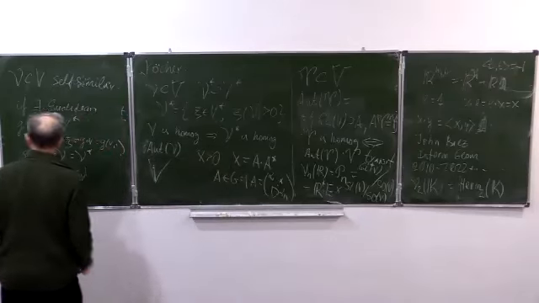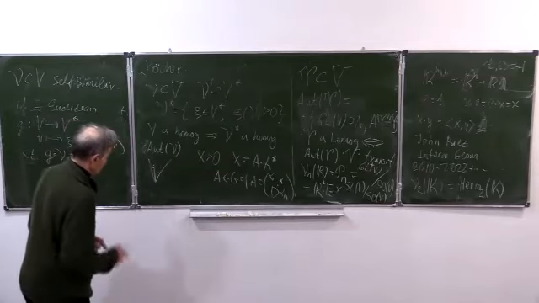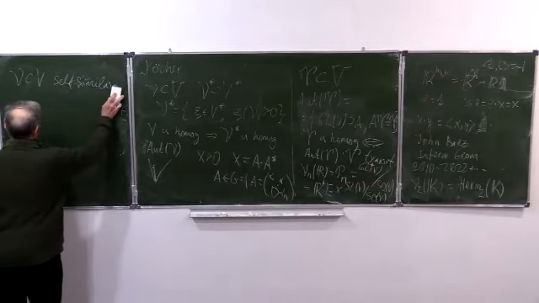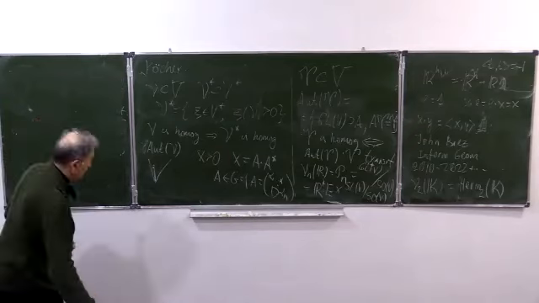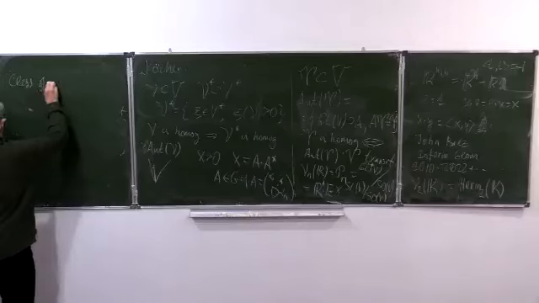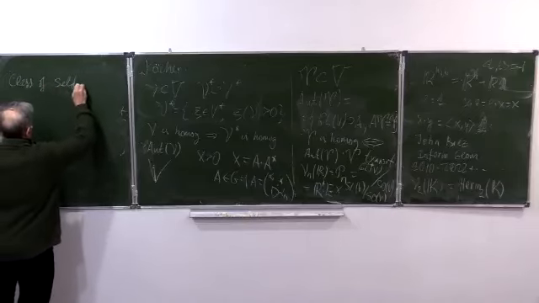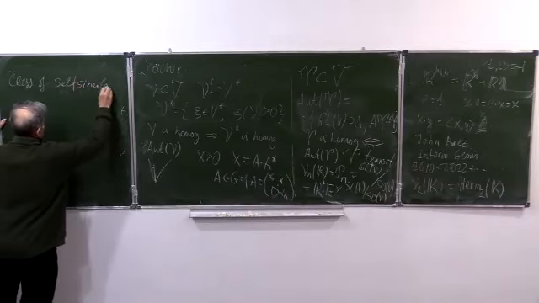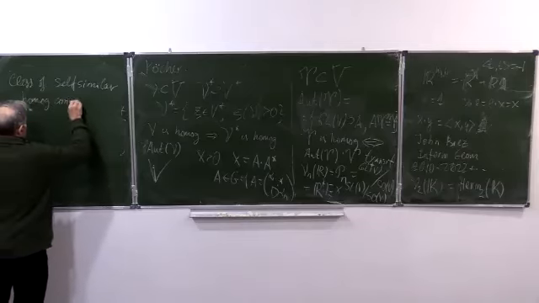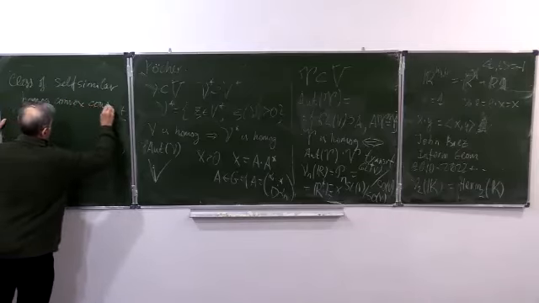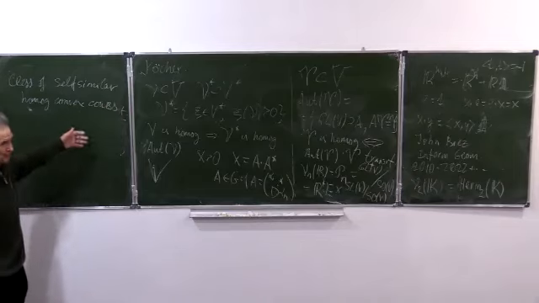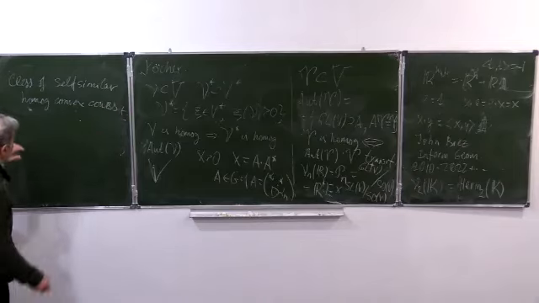Then the theorem by Vinberg and Köcher states the classification of self-similar homogeneous convex cones. First of all, a product of self-similar cones is self-similar, so it is sufficient to consider indecomposable ones.